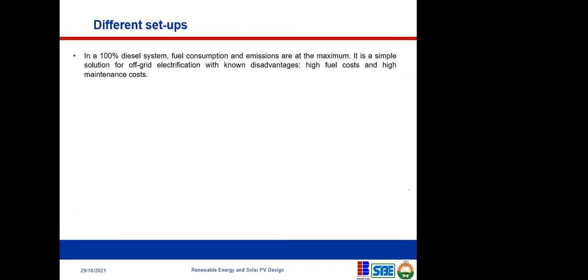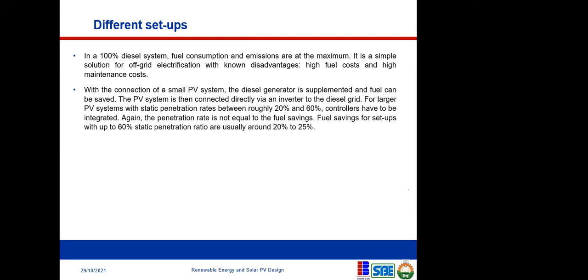So let us look at the different setup. In a 100% diesel system, fuel consumption and emission are at maximum. Of course, when you're doing 100% diesel, you have to deal with high fuel consumption, and of course, with the impact of climate change and all of that, you have emissions, and all of these are at maximum. It is a simple solution for off-grid electrification with no disadvantages, and the disadvantage is high fuel cost and high maintenance cost.